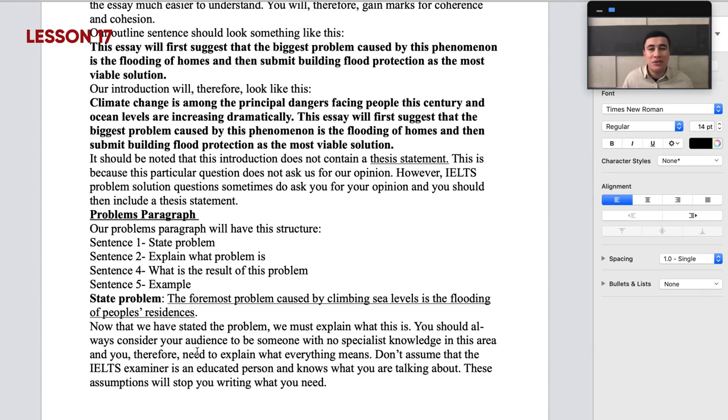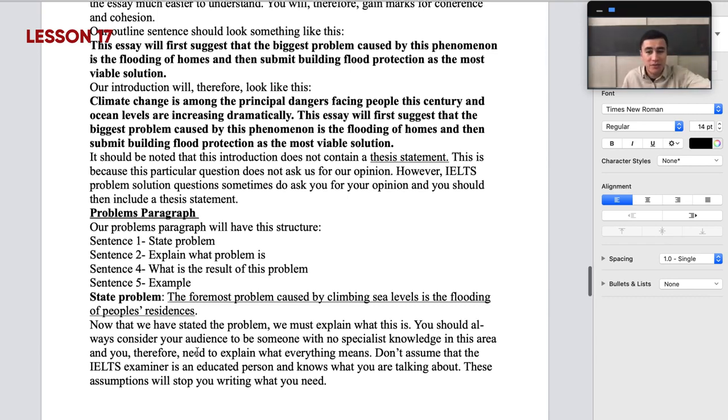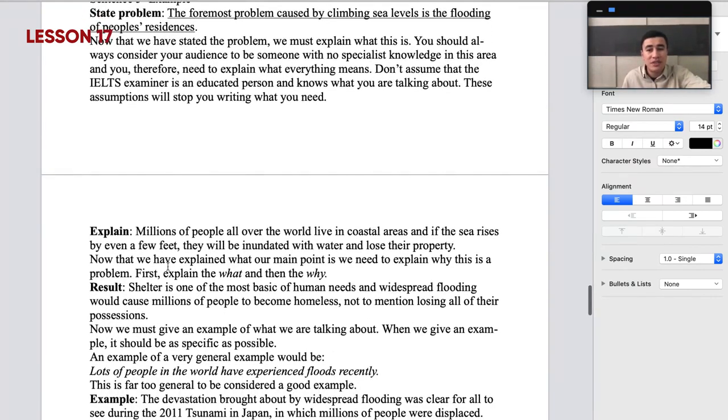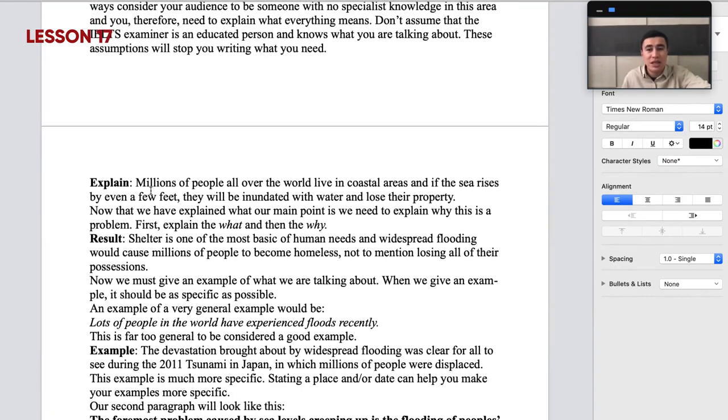So the best way to do this is assuming that the reader is a person who has no idea about this topic. Okay? Now, this is going to be an explanation. Millions of people all over the world live in coastal areas, and if the sea rises by even a few feet, they will be inundated with water and lose their property.